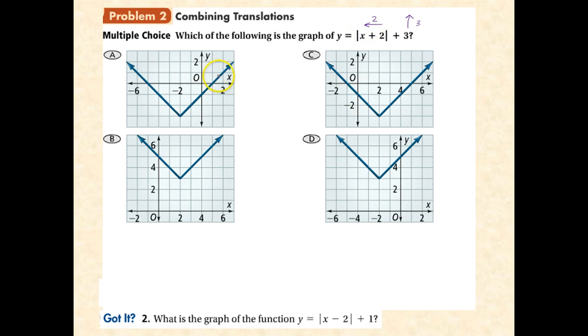So which one goes up 3? We're starting from the origin. Up 3, left 2. Nope. Up 3, left 2. Nope. Up 3, left. Nope. Up 3, left 2. Yay! It was D all along.